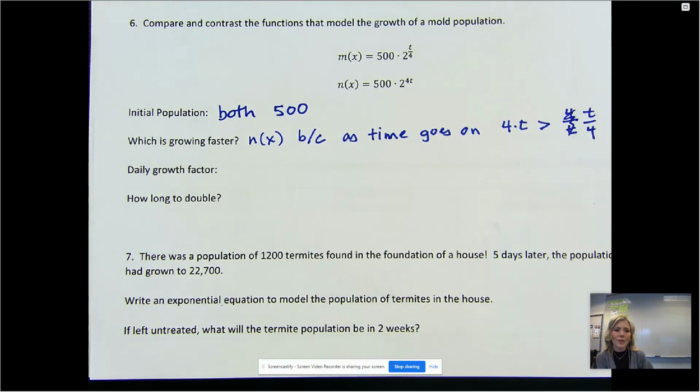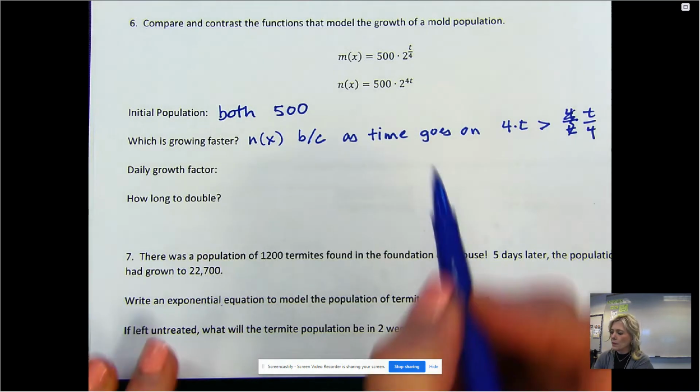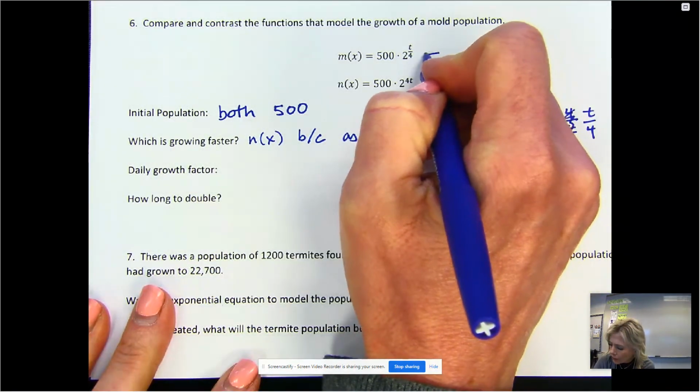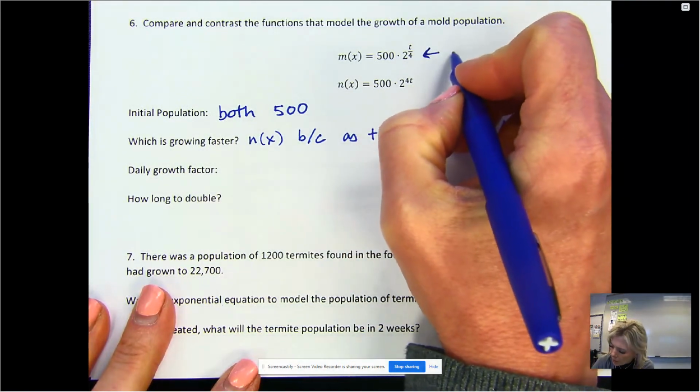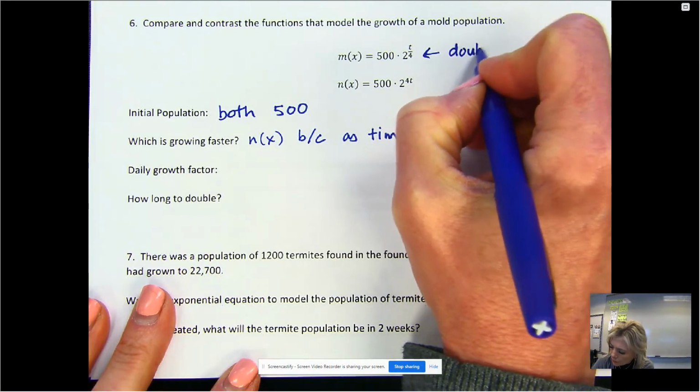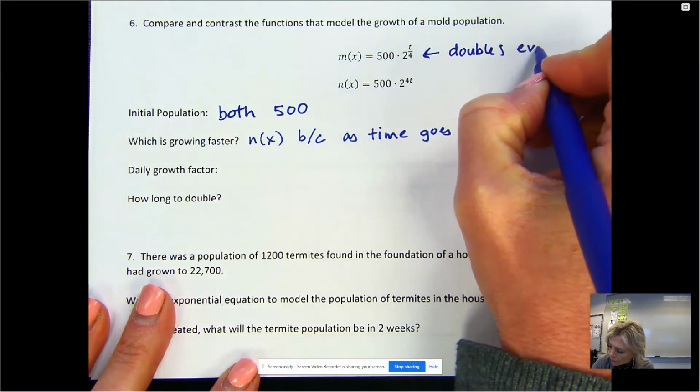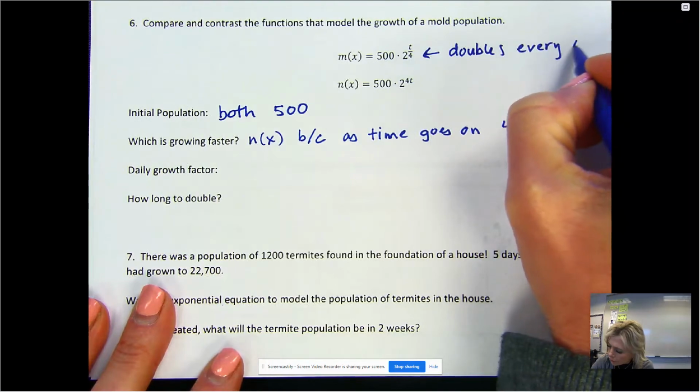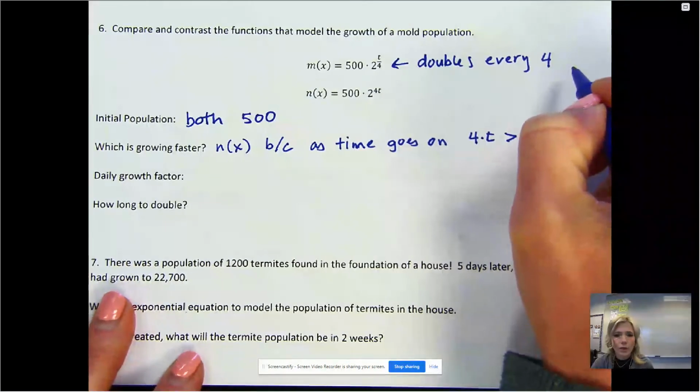What is the daily growth factor? So you might go, it's 2. It's not 2, because neither one has just t as the exponent. What happens in this one here is it doubles every 4, whatever the unit of time is.